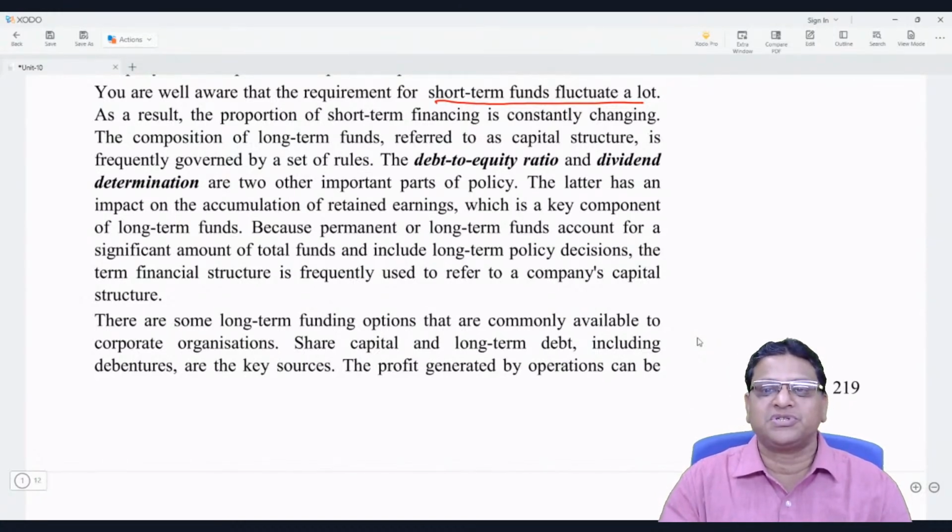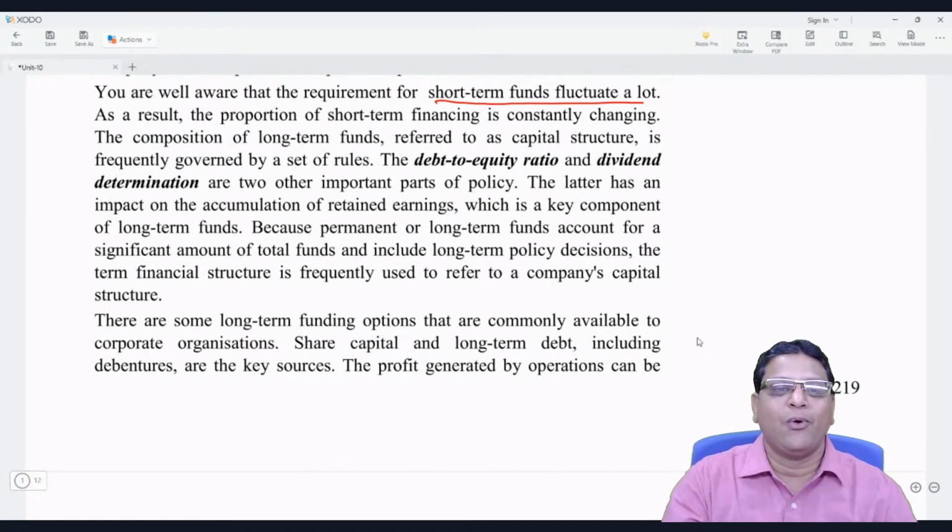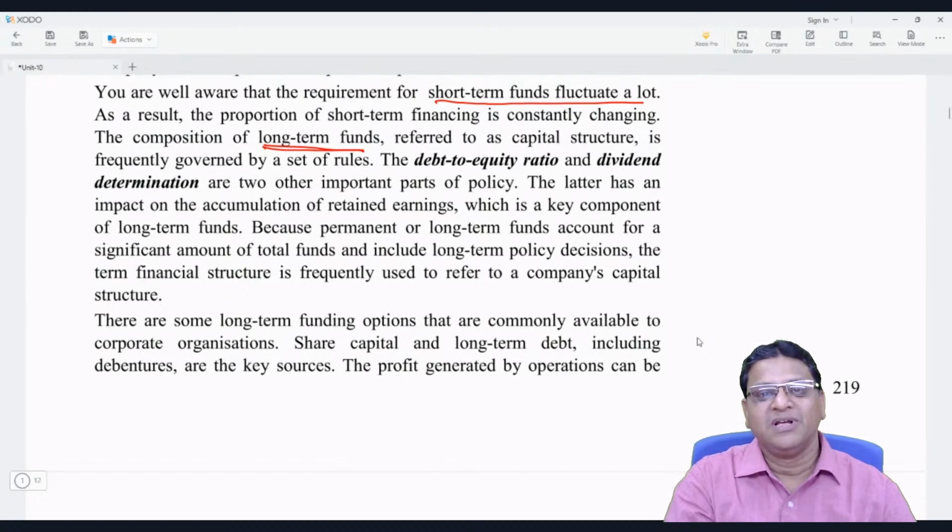Hence, short-term funds usually fluctuate over time. Hence, while deciding the capital structure, we focus our discussion only on long-term funds. So, the composition of long-term funds in an organization is referred to as capital structure.